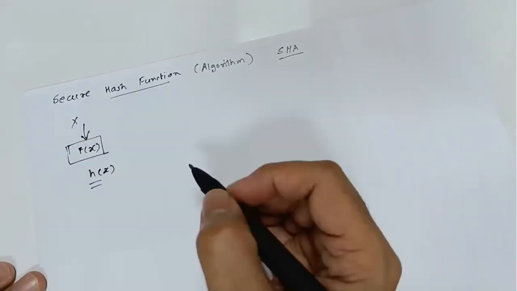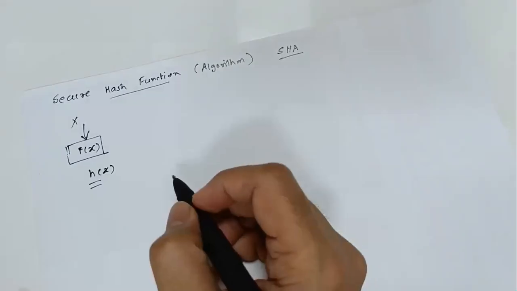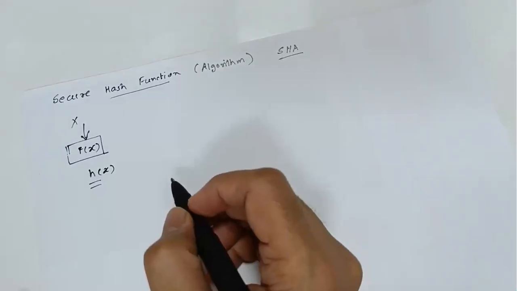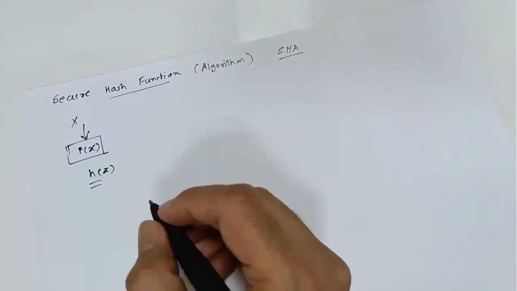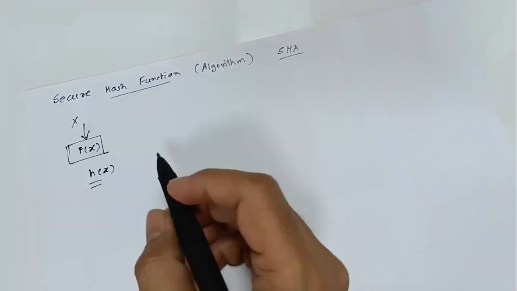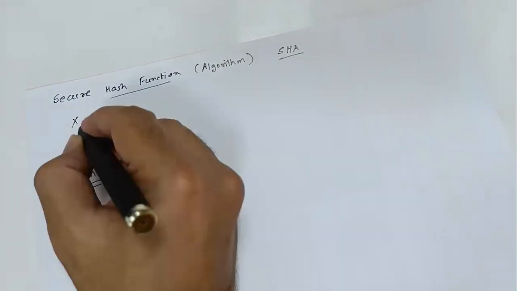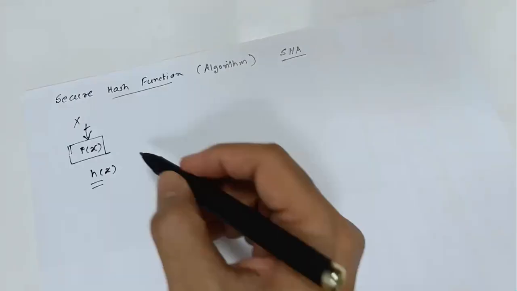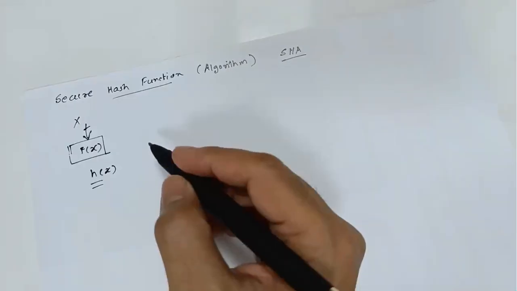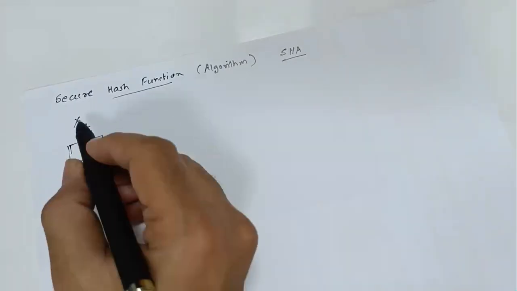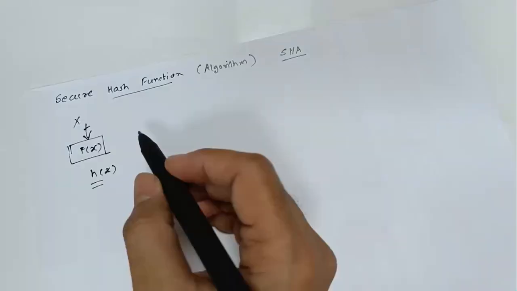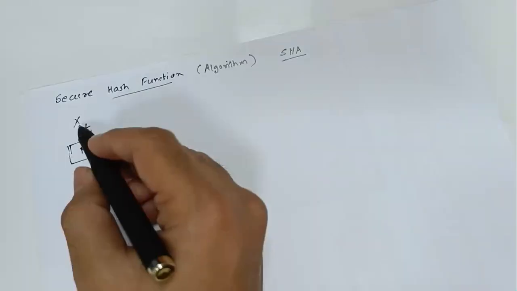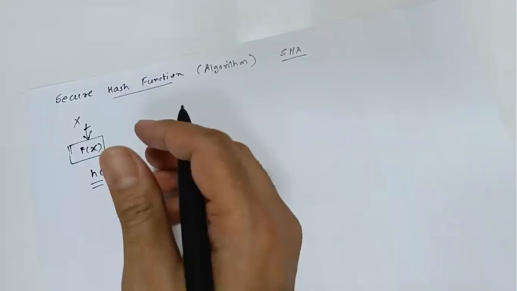Okay. Now there are plenty of algorithms, or plenty of functions, available for hash. Now the size of X data can be anything. That means it can be a document, it can be a long file, it can be a simple number, it can be a simple small text.